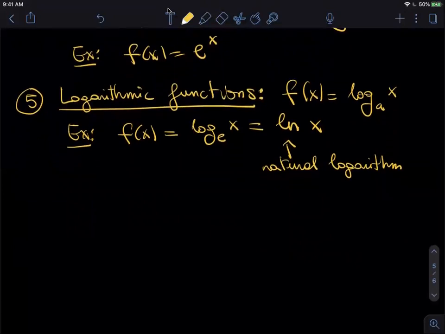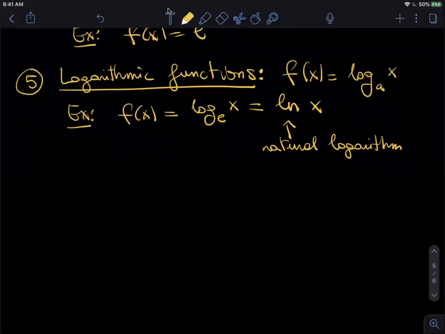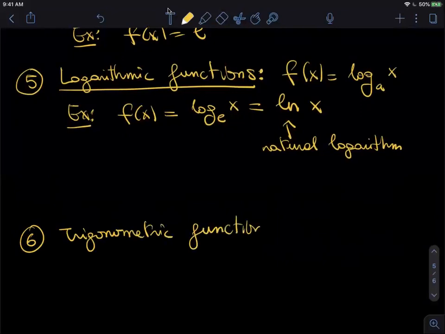And we only need to do one more, that is the trigonometric functions. By the way, logarithms look like this.